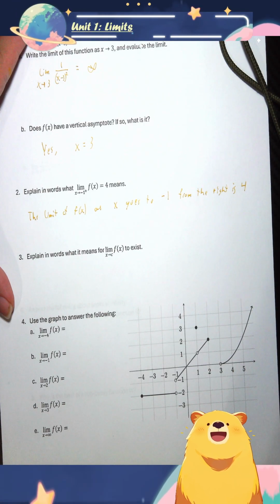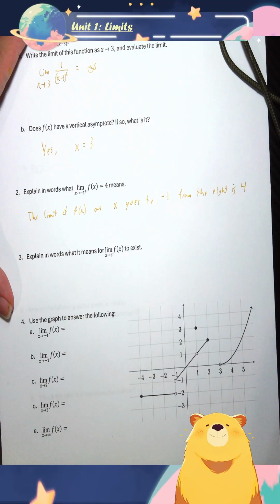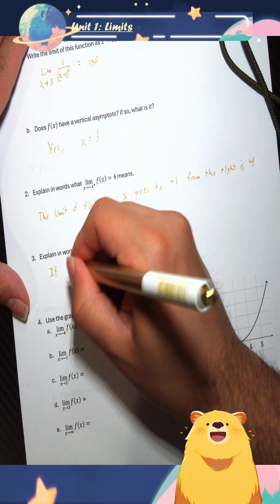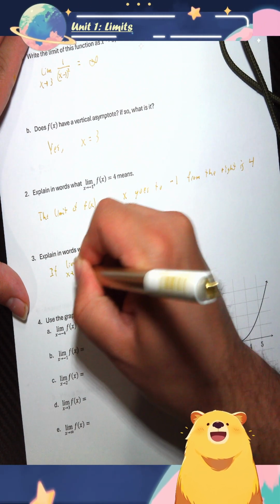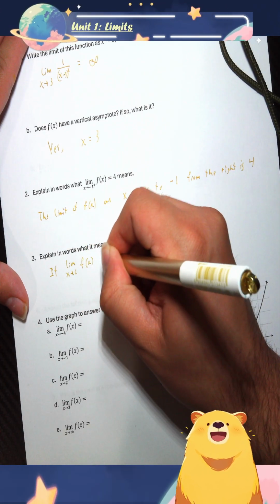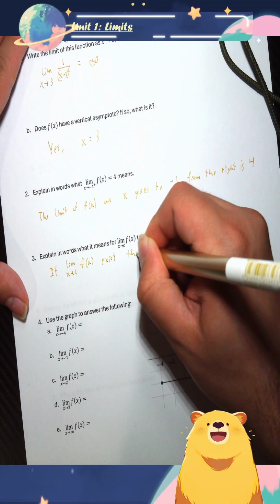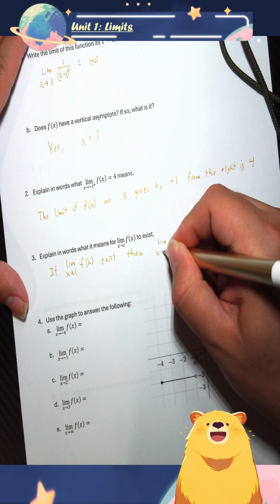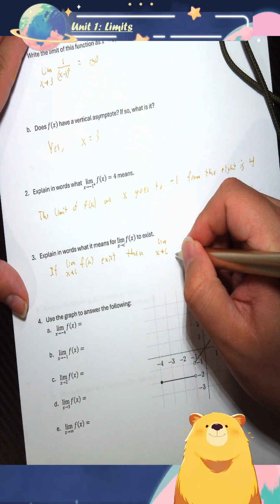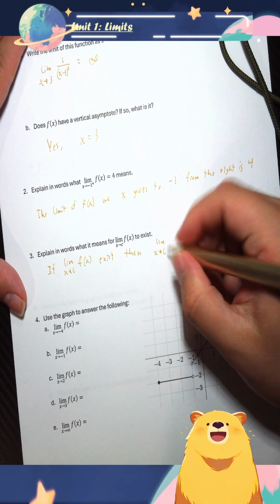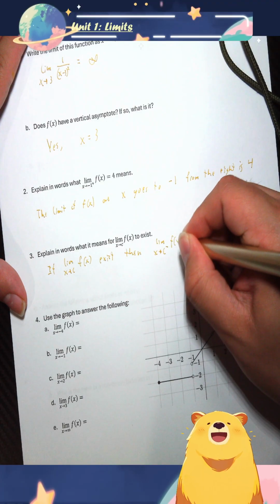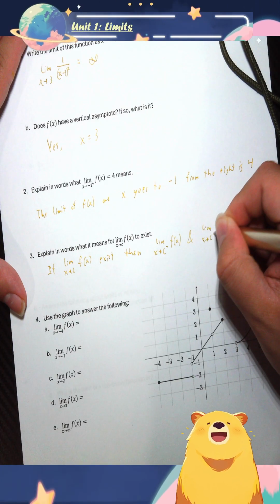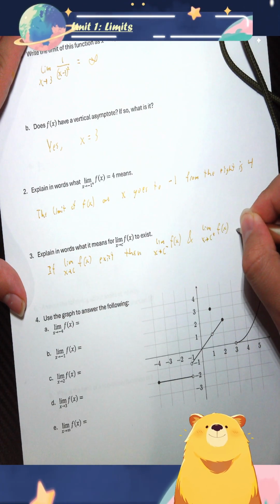Okay. Explain in words what it means for the limit as x goes to c of f of x to exist. So that means that if the limit as x goes to c of f of x exists, then the limit as x goes towards c from the left of f of x and the limit as x goes towards c from the right of f of x match.